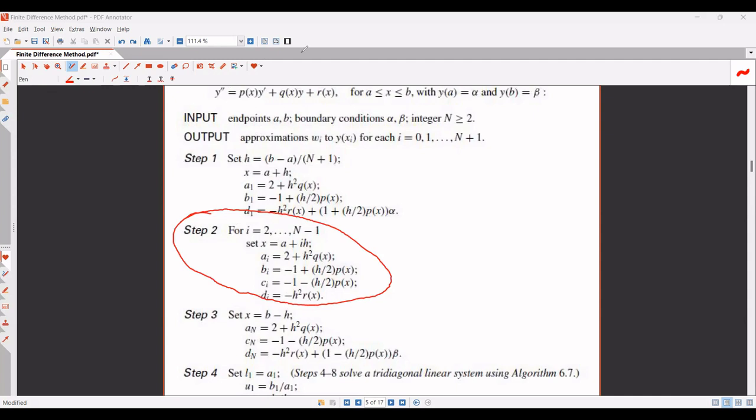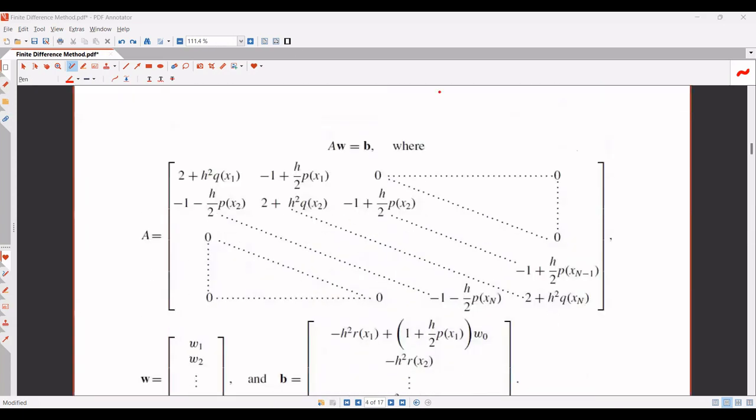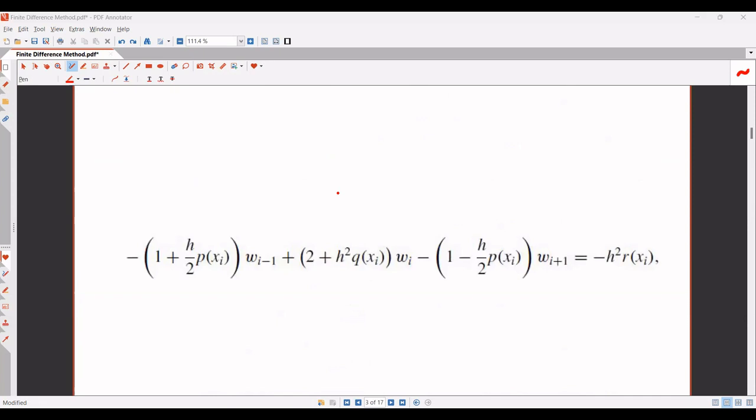What they did is, for each equation, say for example, consider the ith equation here. This is the first equation, right? Focus on the ith equation. In fact, we already have the ith equation written here.